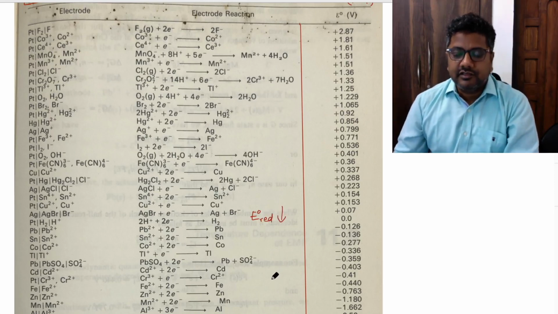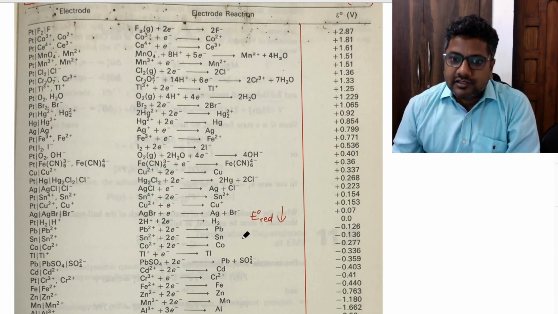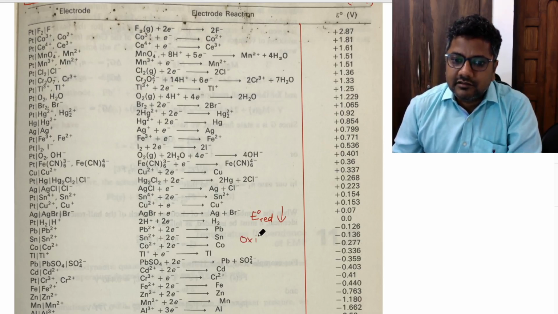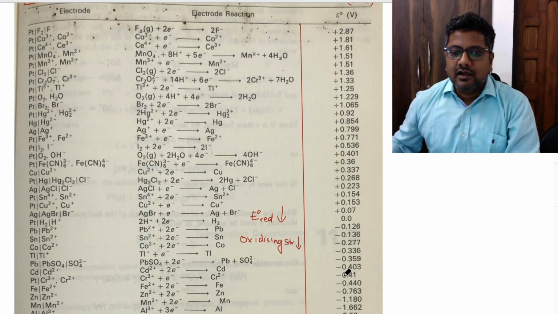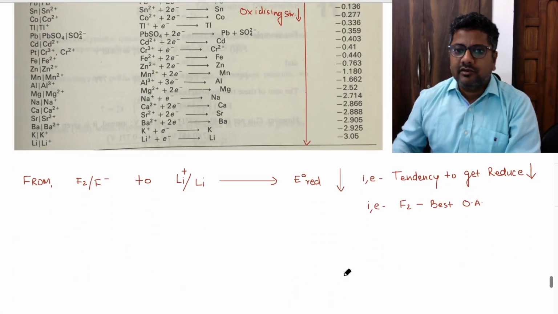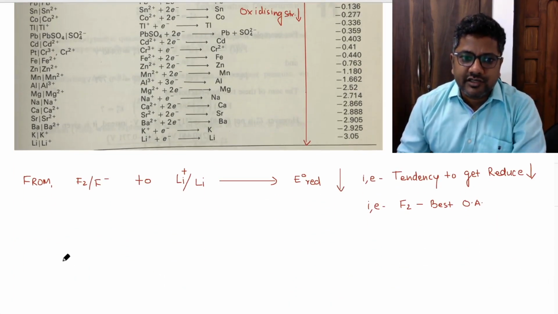E naught reduction decreases means the oxidizing nature or oxidizing strength decreases, right? Now see, what about E naught oxidation?